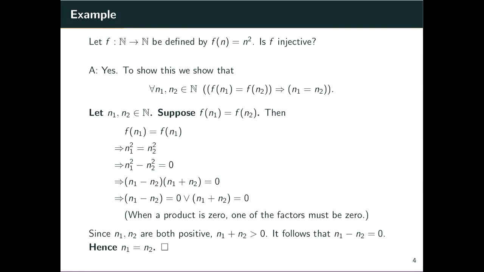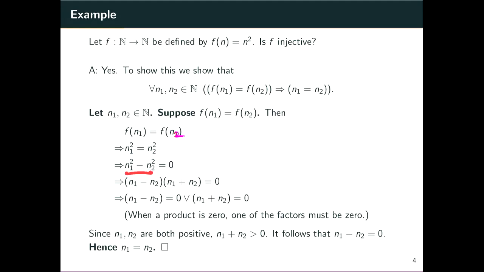So let's go through the proof. I've got our first assumption. Now, since f(n1) is equal to f(n2), this means that n1 squared is equal to n2 squared, because that's just the definition of the function.